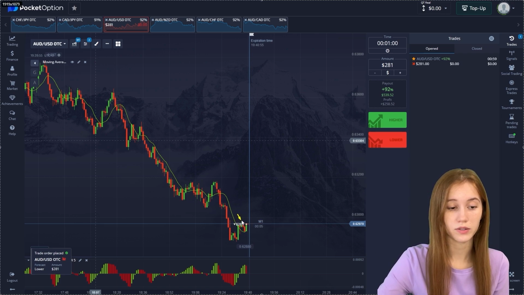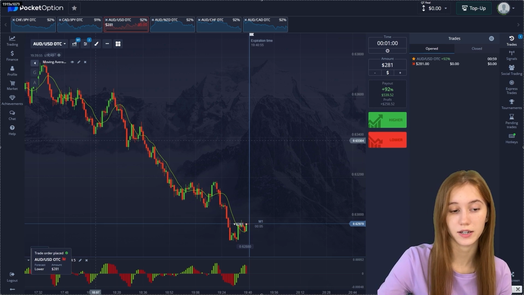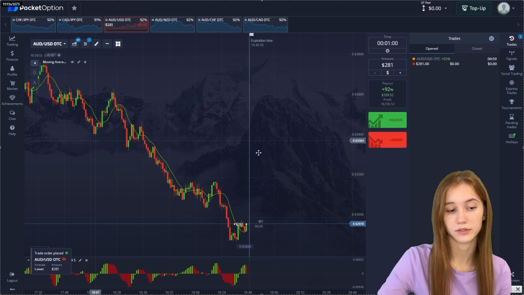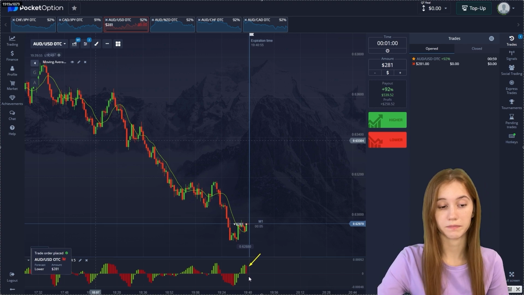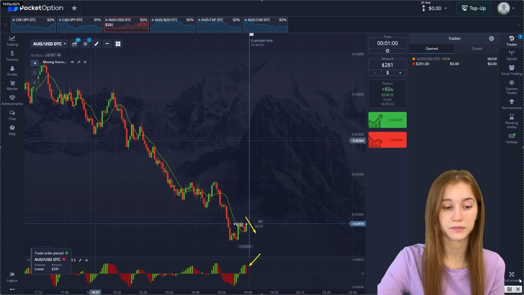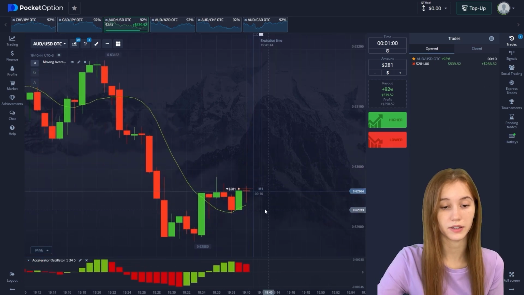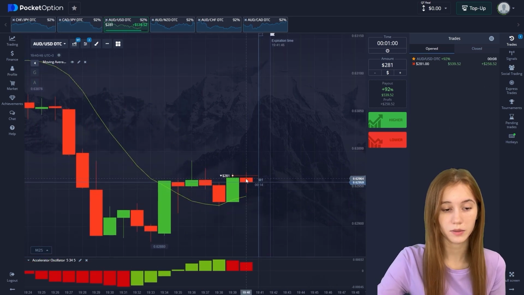Yeah, we see also shadows. Moving average shows an ascending trend, but the oscillator says drawdown. Red bar we see, descending trend I see. 10 seconds left until the end of the deal at the moment.